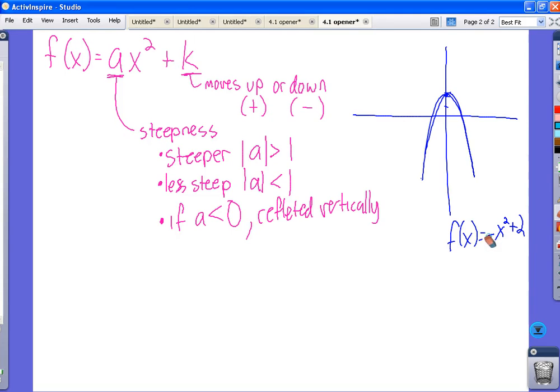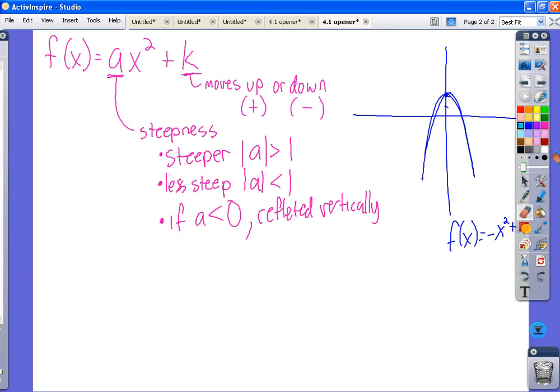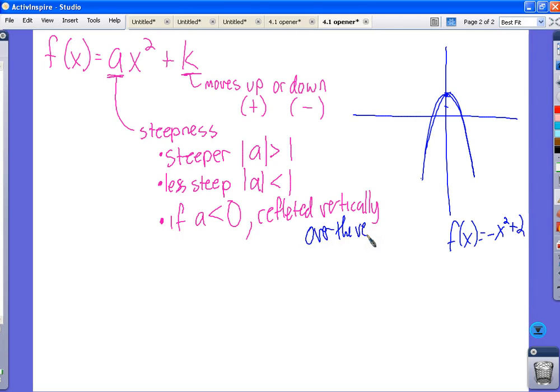So if you square it, then you make it negative, you flip it over, it will always be over the x-axis, just as long as you don't first move it up 2 and then try to flip it over the x-axis. So to be safe, you can say reflected vertically over the vertex. That'll always be true. The vertex. Okay, good.